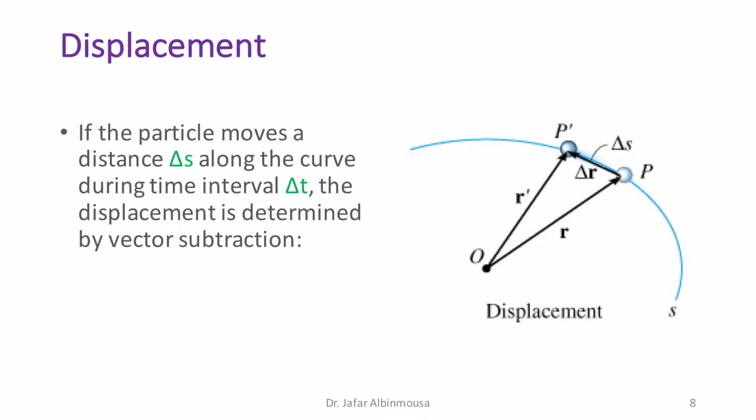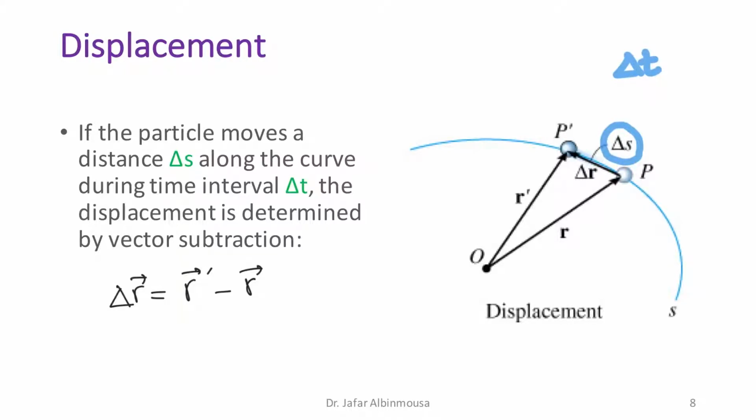Now, displacement is measured by how much distance is traveled. If the particle moves a distance delta S, as shown here, along the curve during the time interval delta t, then the displacement is determined as delta r, which is equal to r prime minus r as a vector.